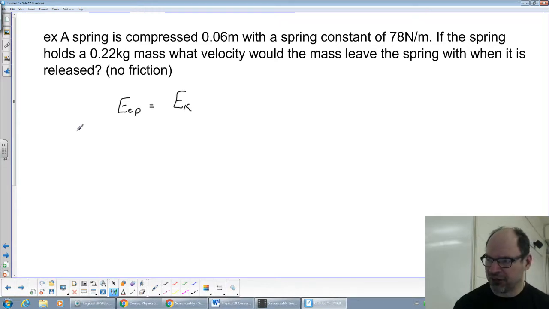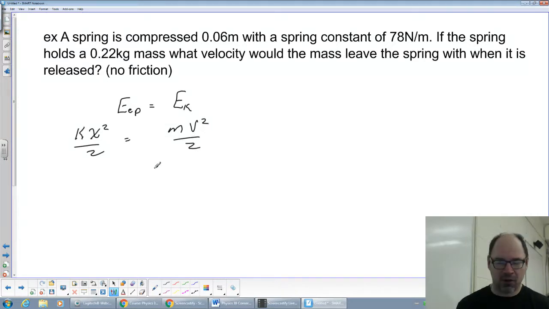So the elastic energy formula equals the kinetic energy formula. Now we can work it out from here, or we can plug numbers, or whatever way you want to do it. Doesn't really matter. I'm going to cancel out the 2's, and I'm going to solve for velocity.